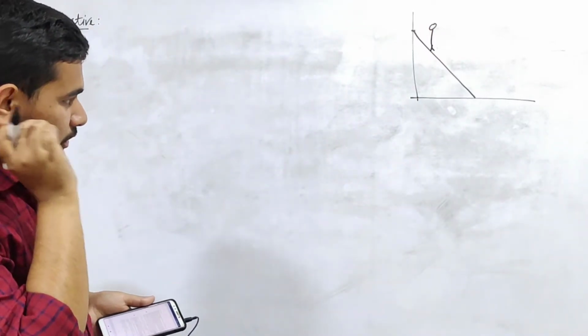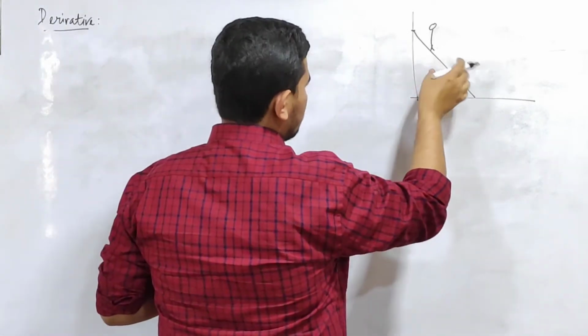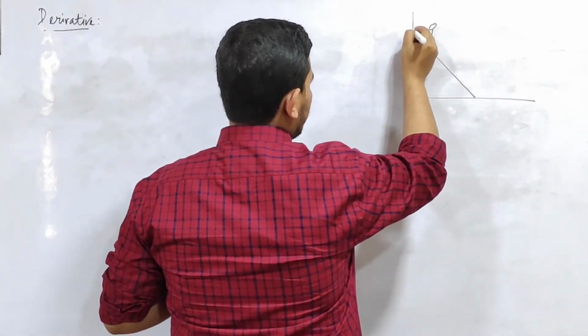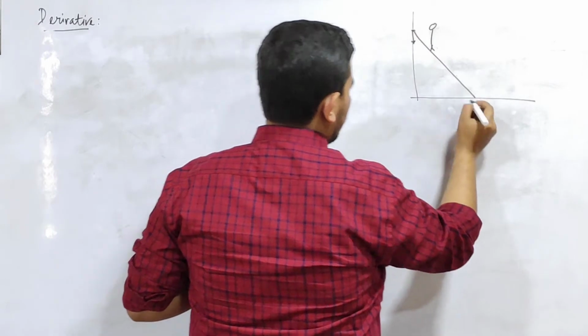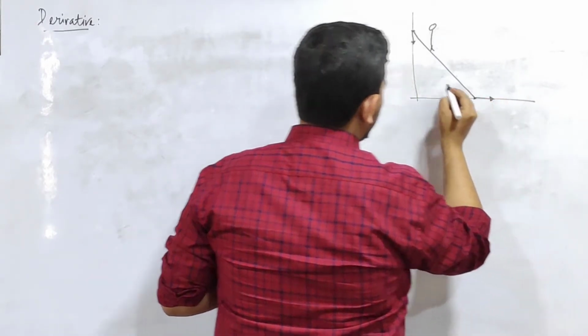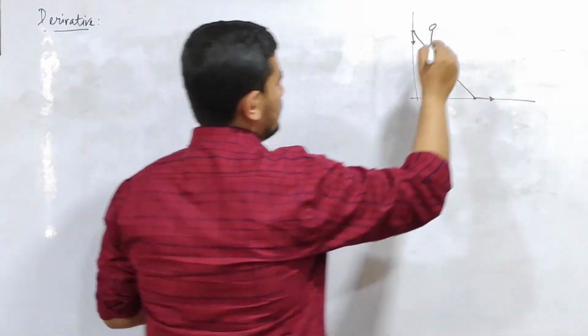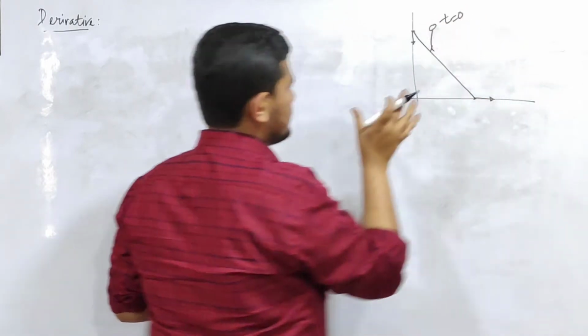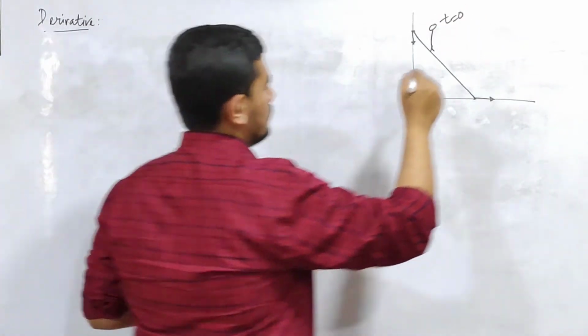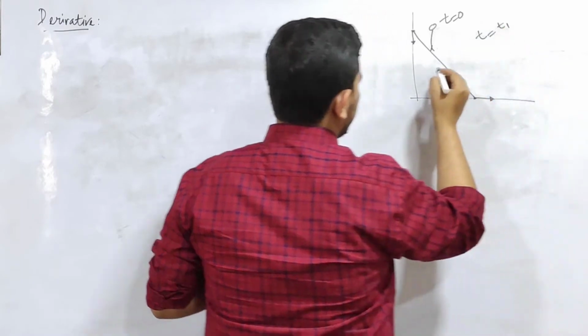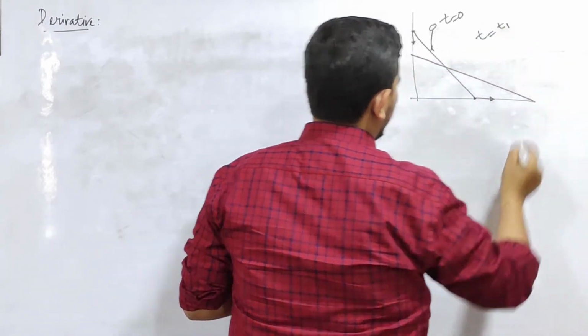The basic intuition is that when the ladder comes down, this point will be moving downward and this will slide. At t equal to 0, this is the situation of the ladder. At t equal to t1, the ladder will come here.